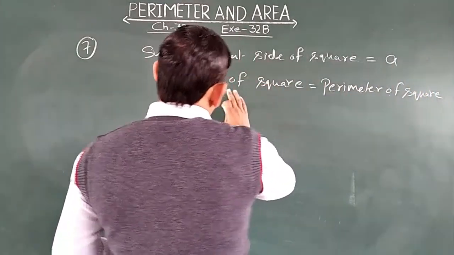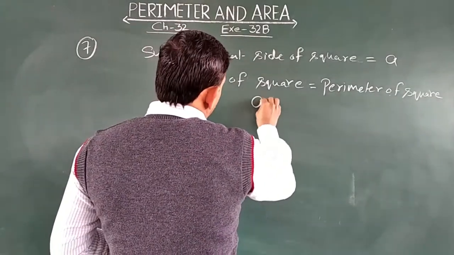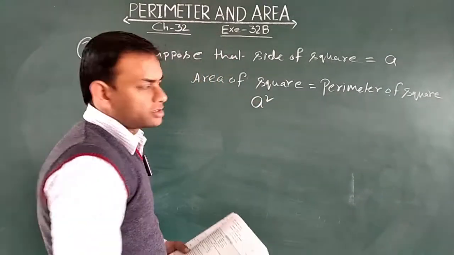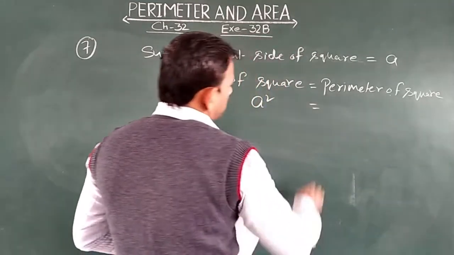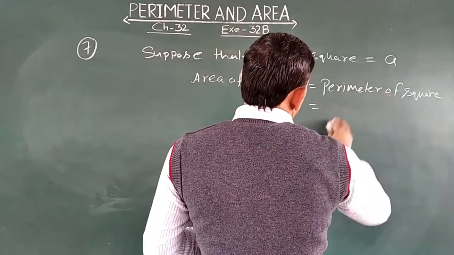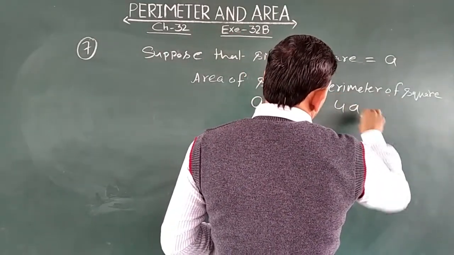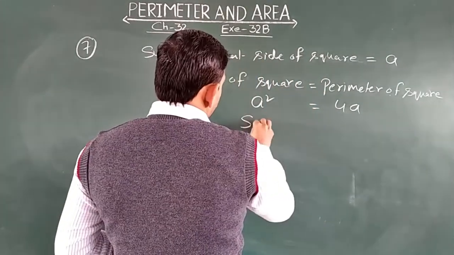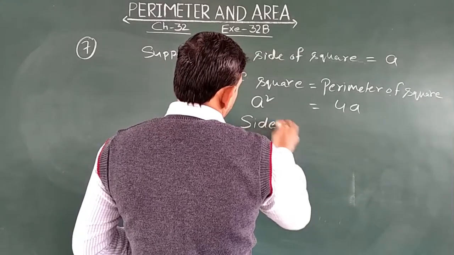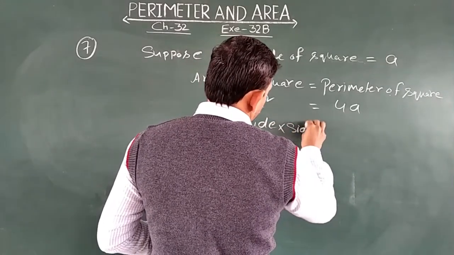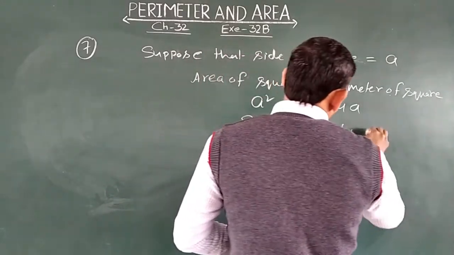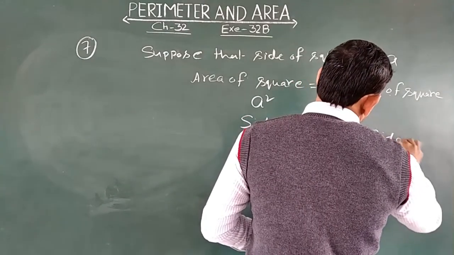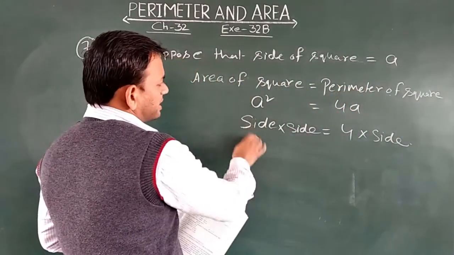So you know that area of a square means A square, according to the formula, and perimeter of a square is 4A, I told you. Got it? Or you may write it like side into side, or 4 into side. Both the things I told you.